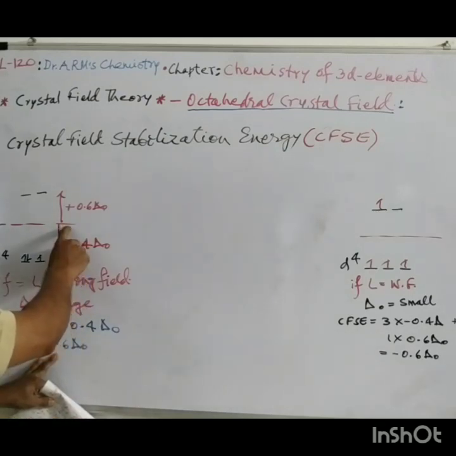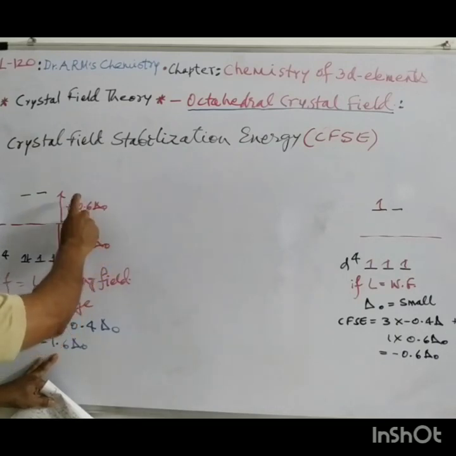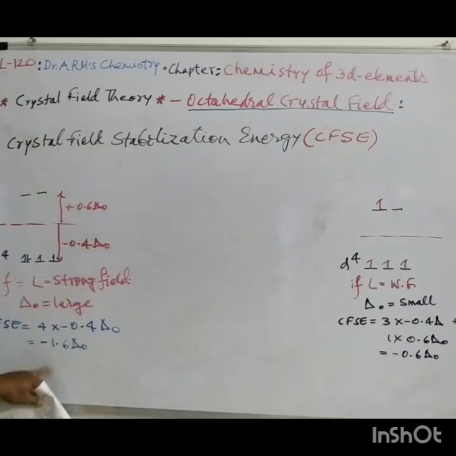The difference is minus 0.4 delta and plus 0.6 delta, but by multiplying these electrons with minus 0.4, we get this CFSE of minus 1.6 delta.